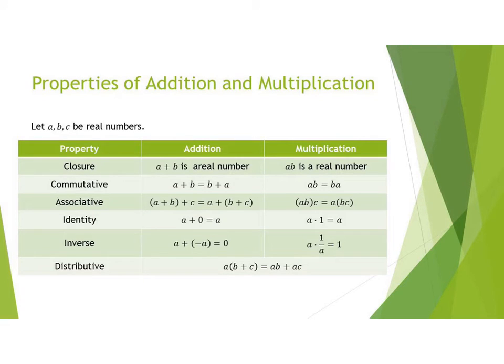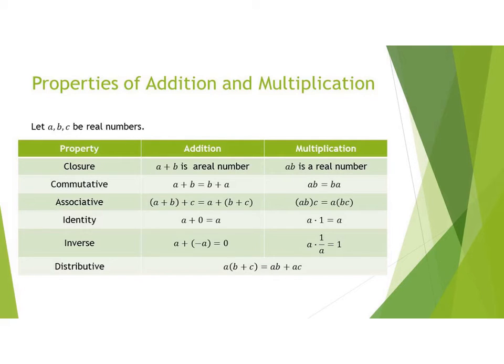Next up, we're going to review the properties of addition and multiplication. Anytime you add or multiply, there are properties that you're using, even if you've forgotten that that's what you're doing. First one up is the closure property. The closure property really is just that the type of number you begin with is the same as the type of number you're going to end with.